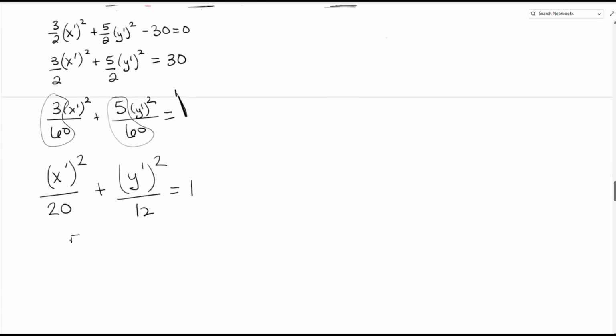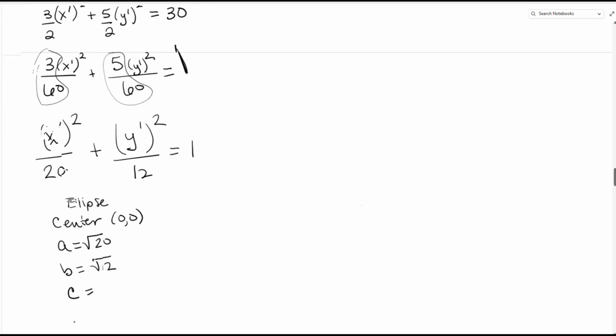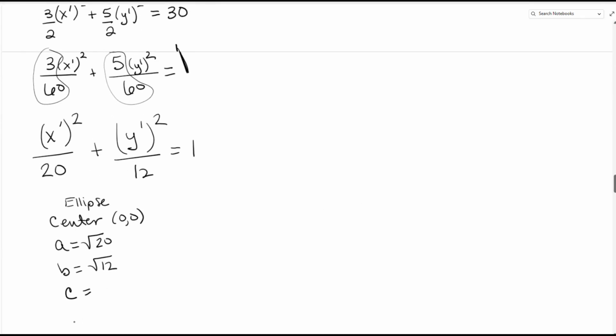I recognize this as an ellipse with the center at 0, 0, with the a value of root 20, with a b value of root 12. C, I have to do, think back to your ellipse section, right? We have a relationship. We solve for C, same way we did when we were on ellipse. It's going to be root 8. Okay? So here's what I know about this.